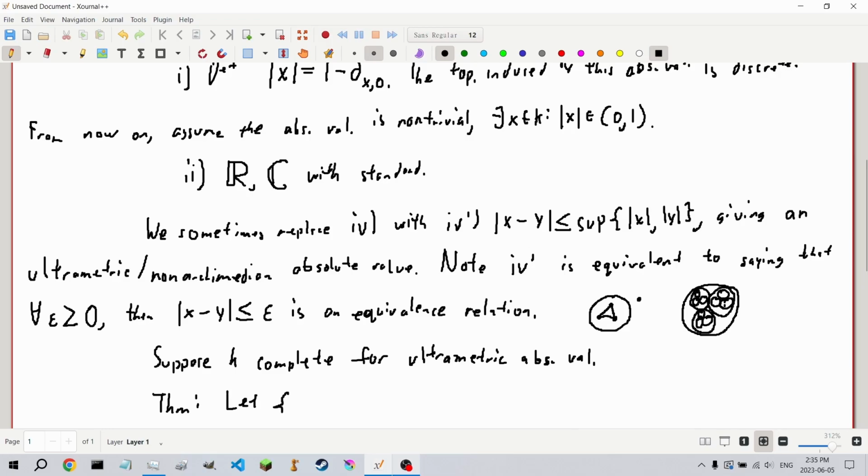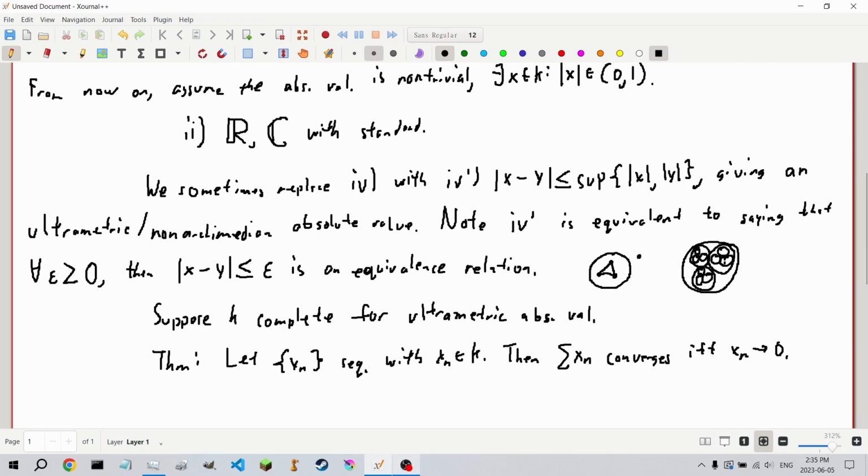Let x_n be a sequence with each x_n in our field K. Then their sum converges if and only if they go to 0 as a sequence. And this is automatic from this alternative definition above. Now we come to another theorem.